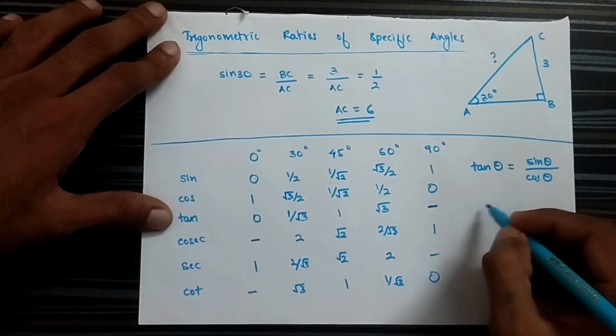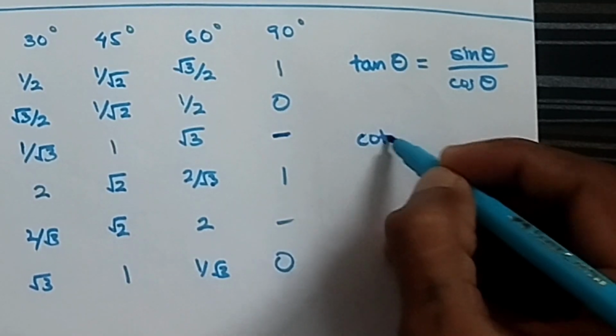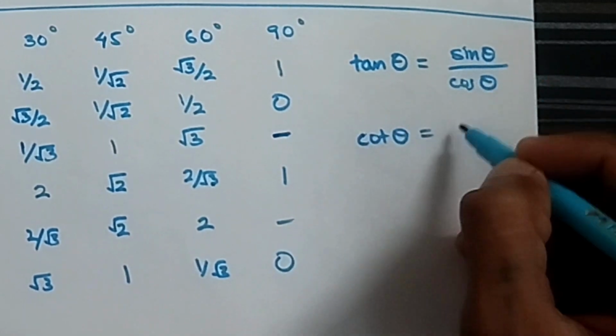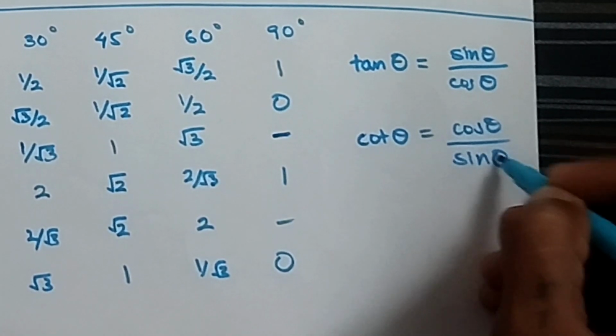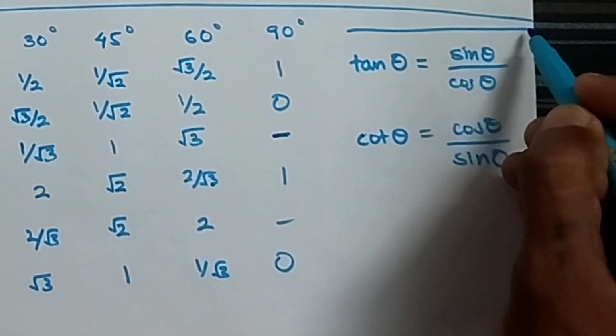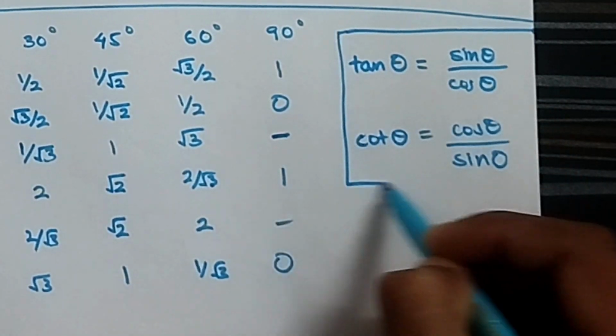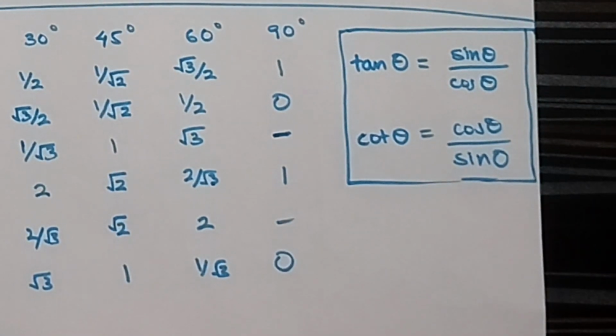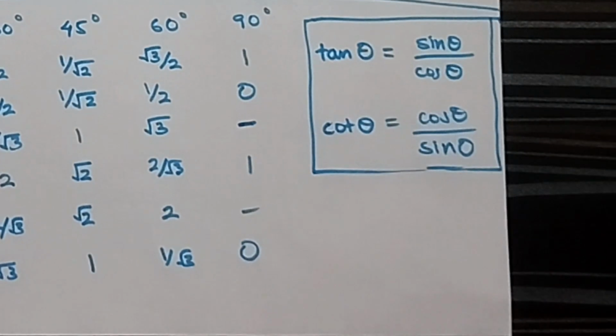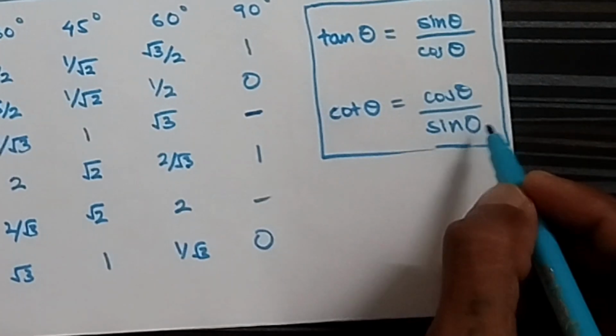And since you're here, cot of theta is the opposite of this, cos theta by sin theta. You have to memorize this. It is really, really important. Tangent of an angle is equal to the sine of the angle divided by the cosine of the angle. Cotangent of the angle is equal to cos of the angle divided by sine of the angle.